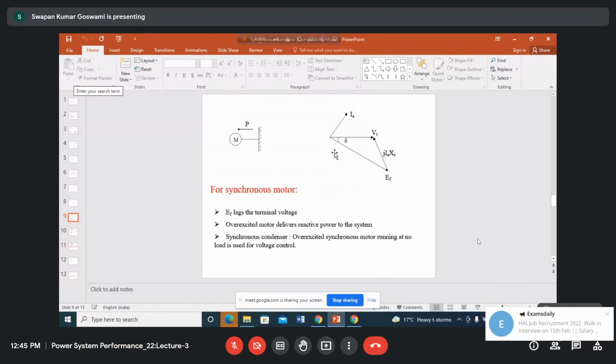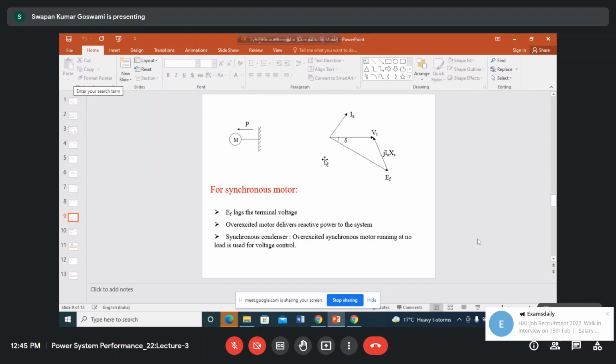Not only the overexcited condition, the motor is running at no load, because the whole purpose of running this motor now is to inject reactive power into the system. The motor will be taking active power to supply its losses only, but it will not be driving any load.